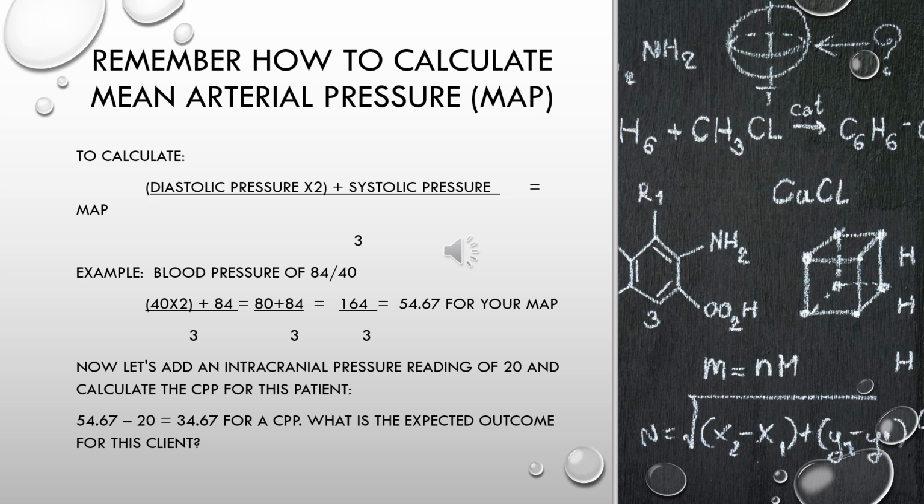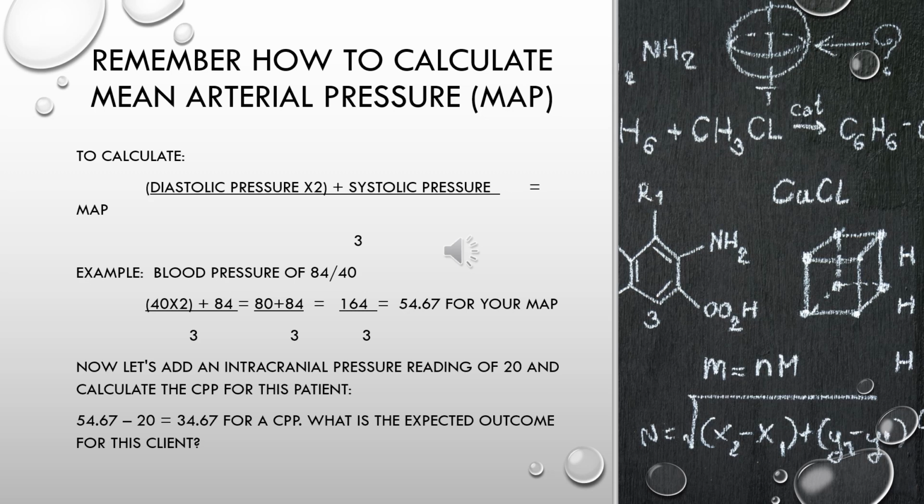So we're going to take that mean arterial pressure of 54.67, minus the 20, which is our intracranial pressure reading, and we're going to wind up with a cerebral perfusion pressure, or CPP, of 34.67.